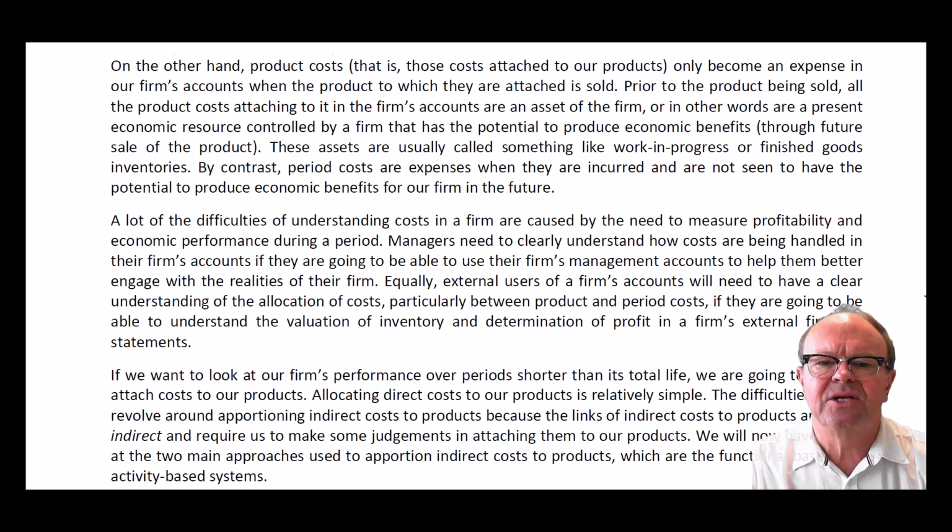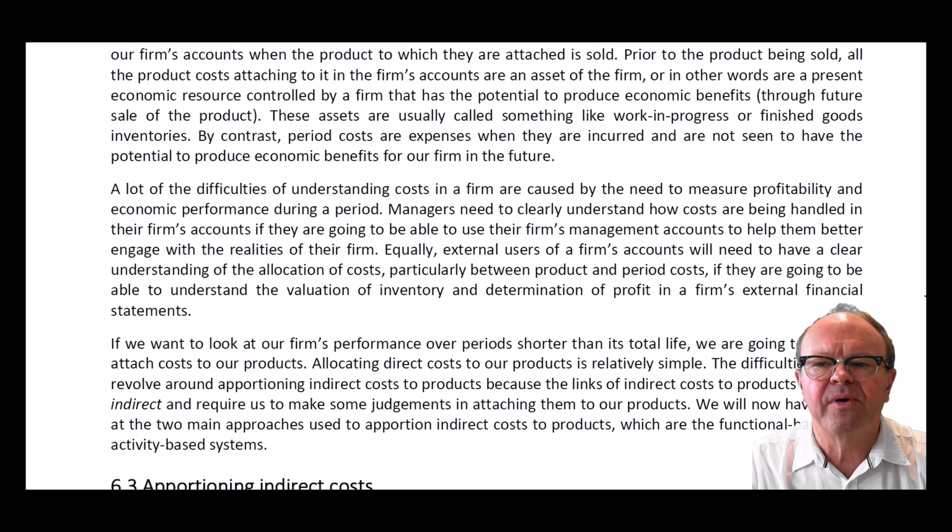These assets are usually called something like work in progress or finished goods inventories. By contrast, period costs are expenses when they are incurred and are not seen to have the potential to produce economic benefits for our firm in the future.